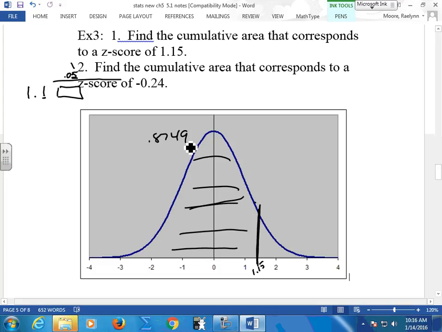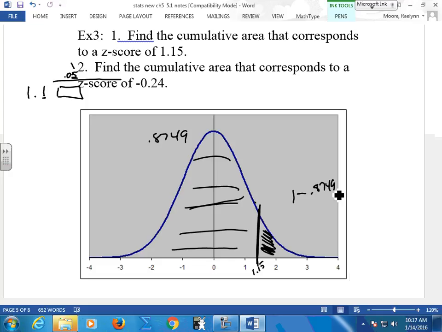Now, using the rules that this whole area adds up to 1, if I wanted to find this area right here, I would do what? I would subtract. Because this can't possibly be 87%. It's too small, right? I would subtract it from 1. Because one of your characteristics of this curve is the total area is 1.